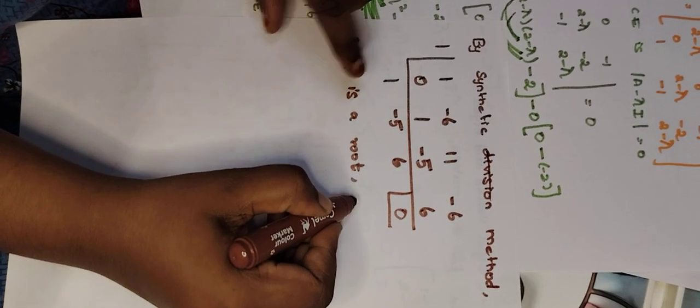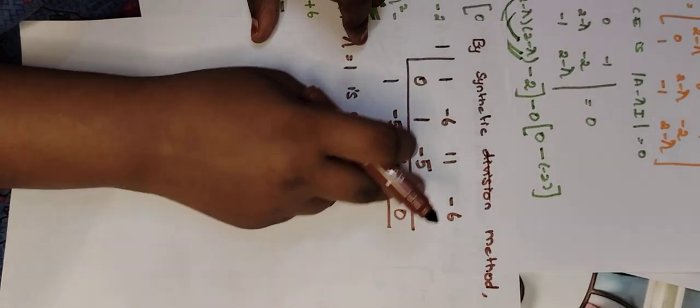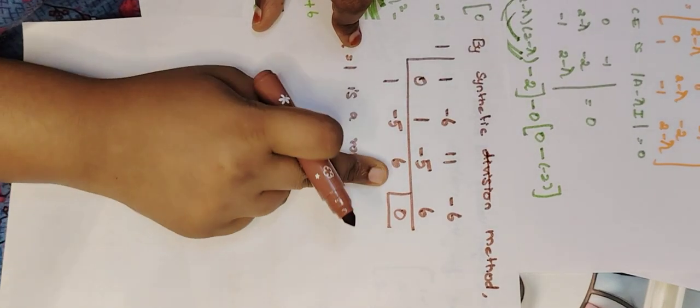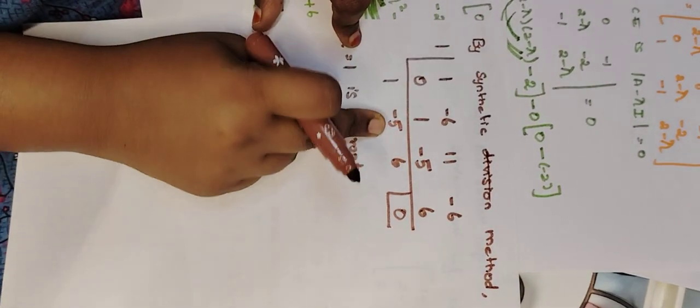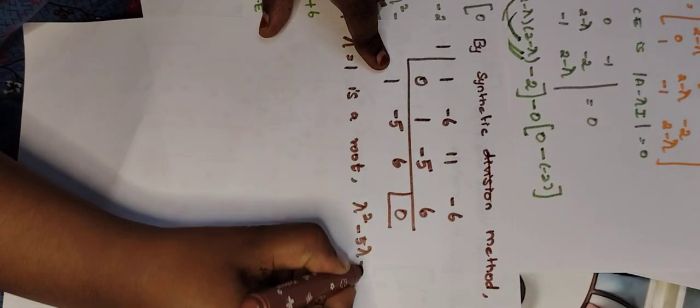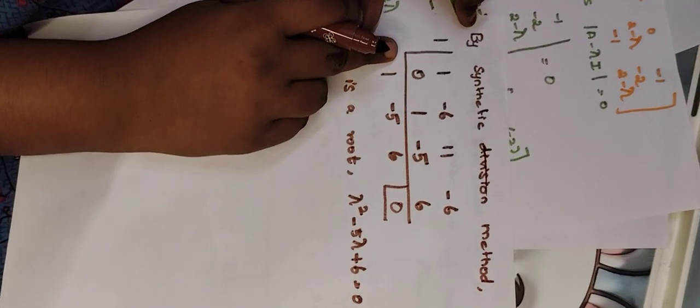And the other roots can be obtained from this equation. The last term will always be the constant, then this term will be lambda and this term will be lambda square. So I'll write it as lambda square minus 5 lambda plus 6 equal to 0. So I have reduced the cubic equation into a quadratic equation.